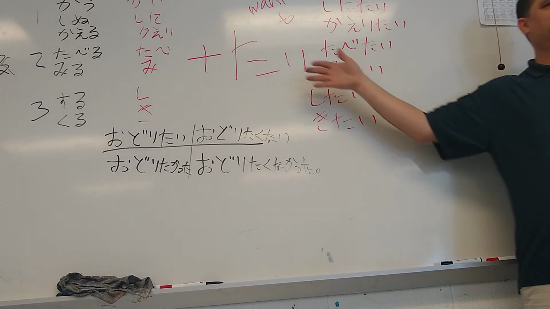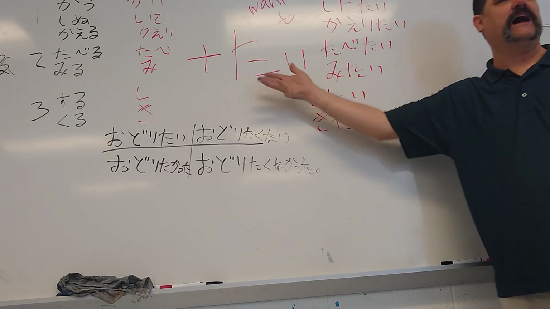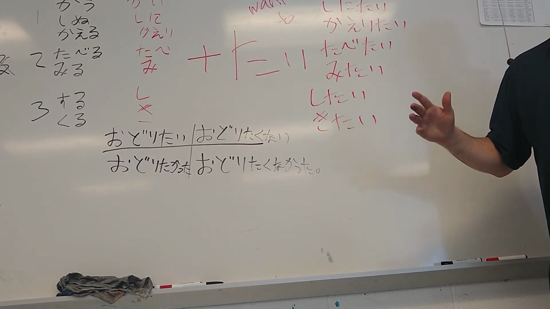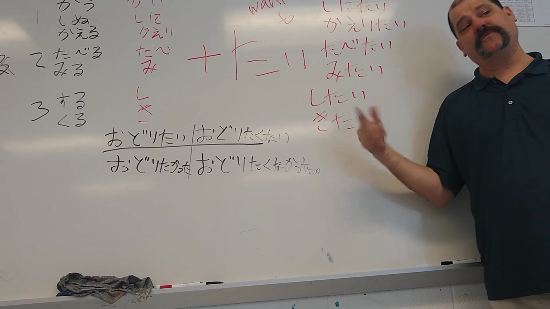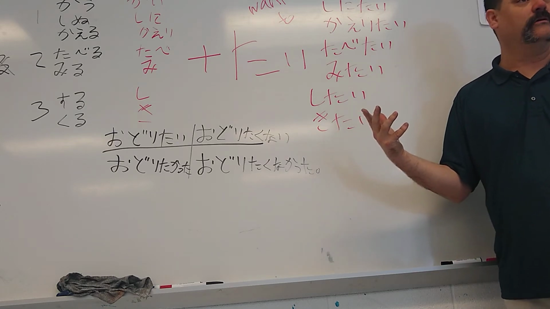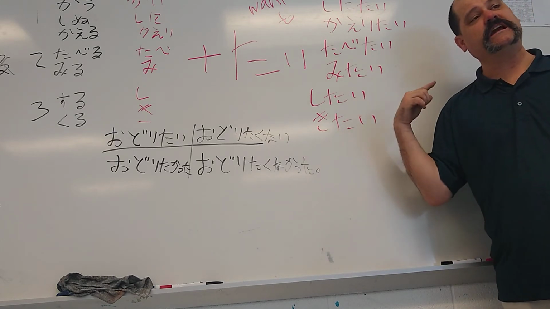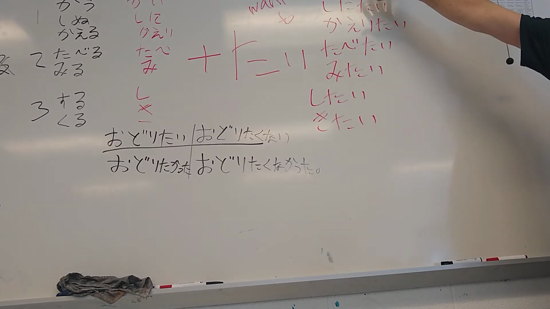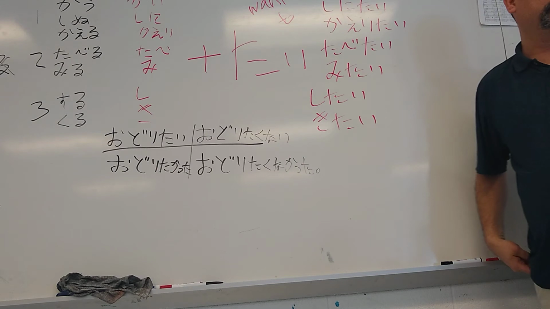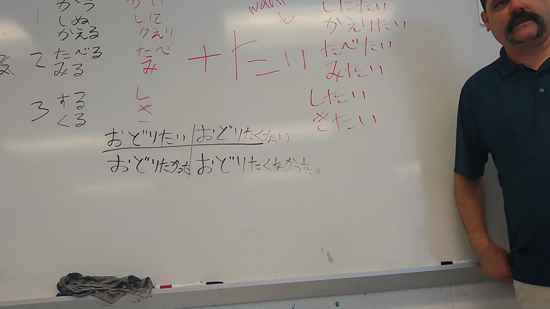But you wouldn't say Nintendo Switch ga tai. You might want to say something like buy, which is kau. Nintendo Switch ga kaitai. I want to buy a Nintendo Switch, right? So it has to take a verb, this tai form, okay?